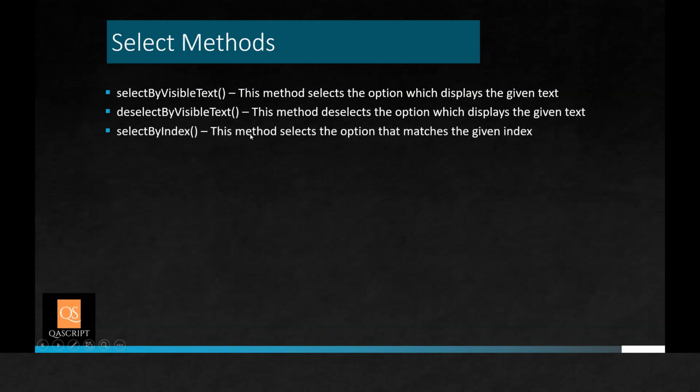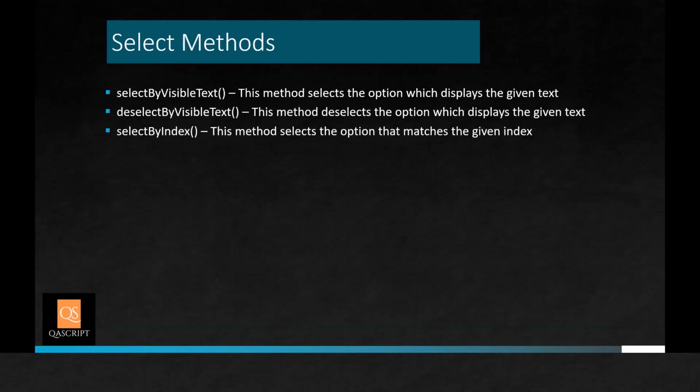Then the next method is select by index. If you don't want to select it by text, you want to select it dynamically, you can do it by index, like 0, 1, 2, 3, 4, and so on.